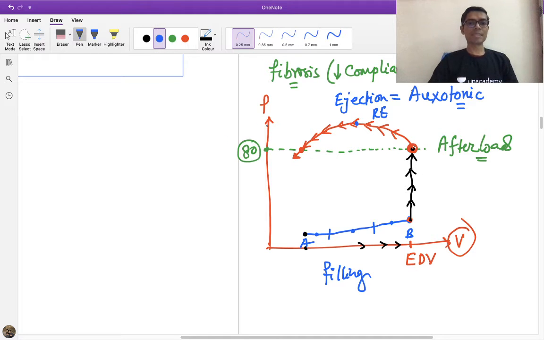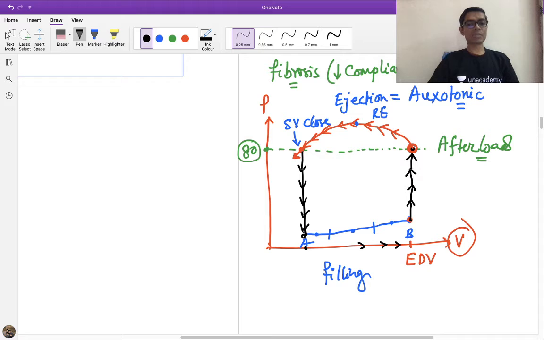So that's why this is the point where semilunar valve closure occurs, right? Now whenever the semilunar valves are closed, we all know that the next phase is ventricular relaxation with all valves closed. That is the isovolumic relaxation. So volume is remaining same, but the pressure is decreasing.